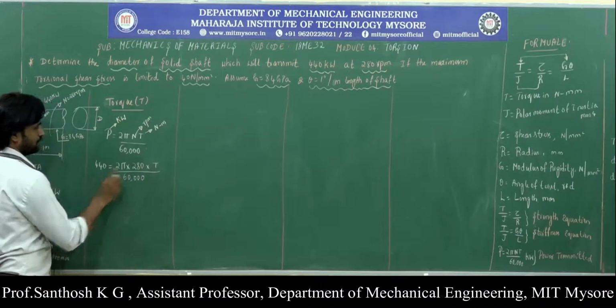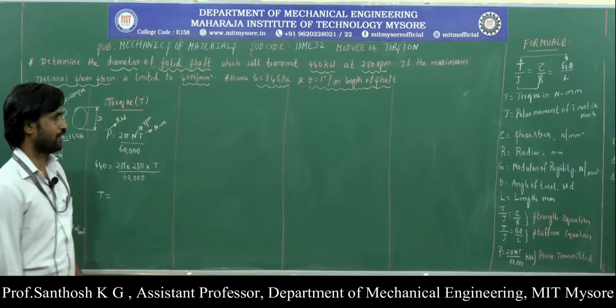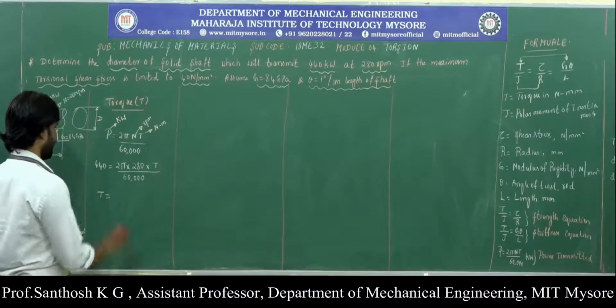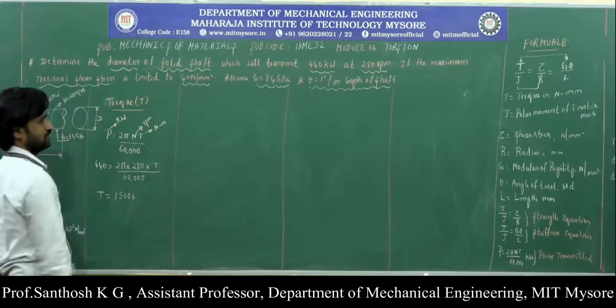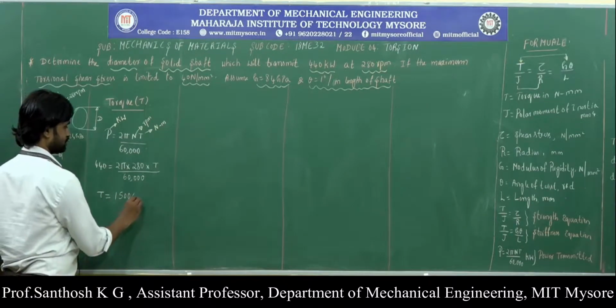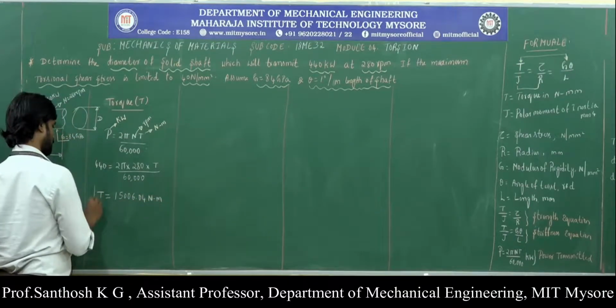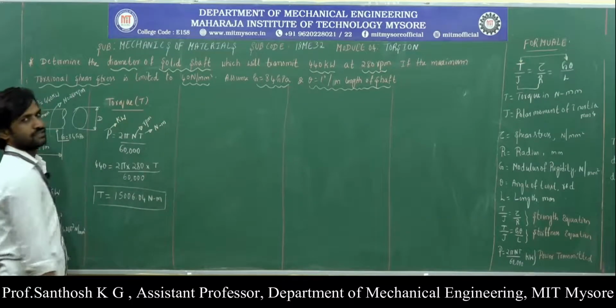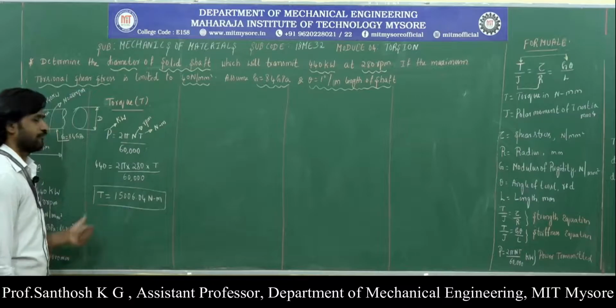If you simplify this equation, you will get the value of T. The value of T you are going to get is 15,006.04 Newton meter.